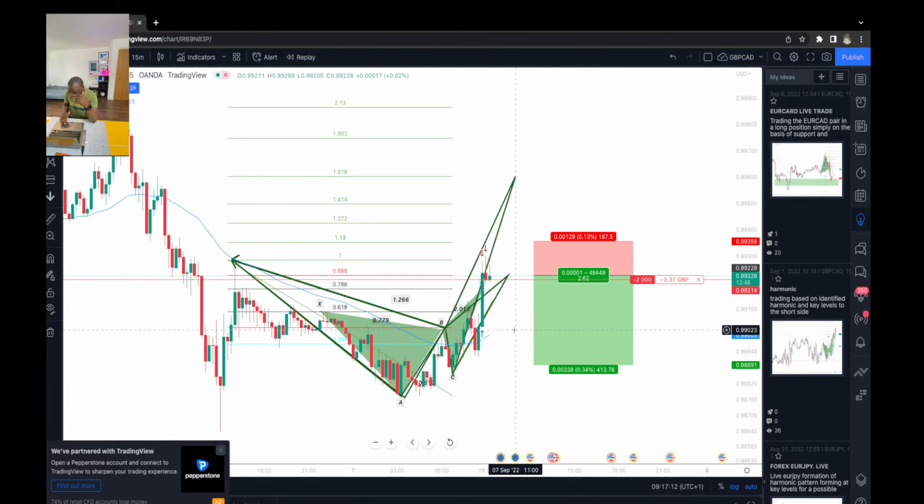I'm either right or I'm either wrong, and it's a sort of vulnerable position to be in, to say, well, the market is going to go a certain way. It's easy to doubt yourself, but I'm going to stick with this one and see what happens. I'm going to stick with my analysis.